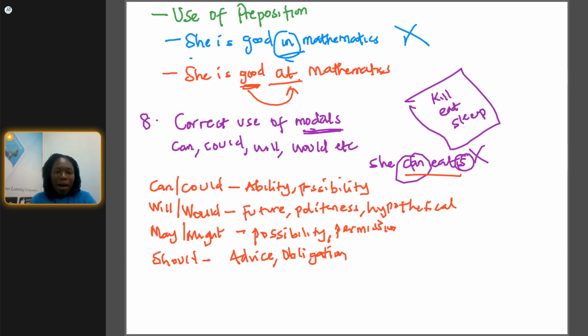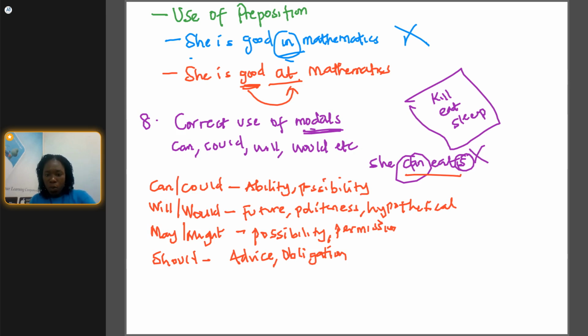So when you talk about can, you're talking about present or general ability. Then could is used to show past ability or polite request.